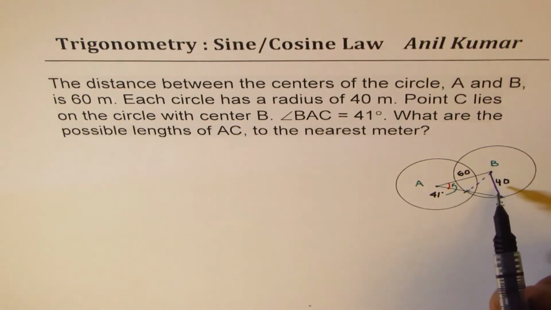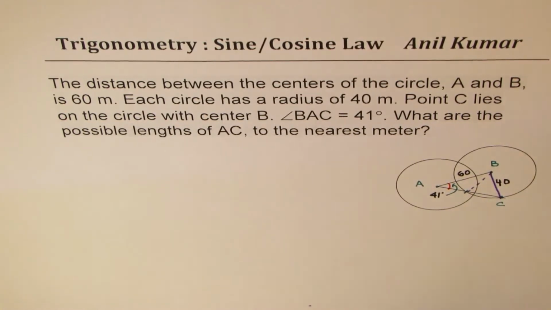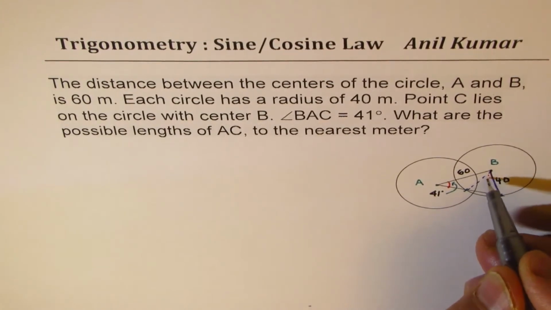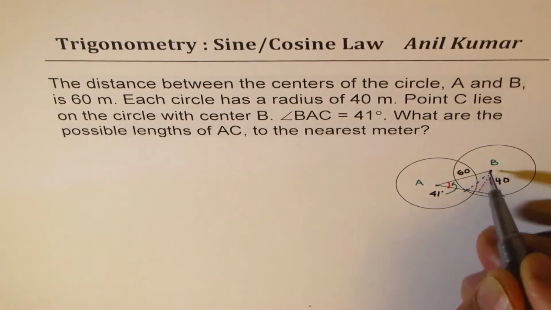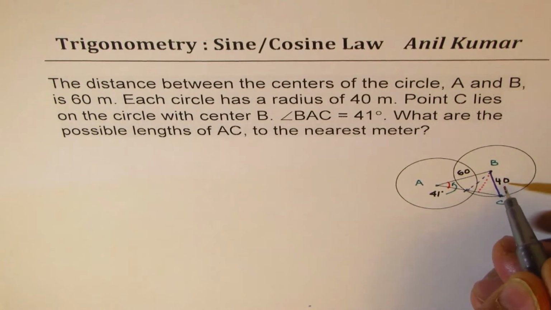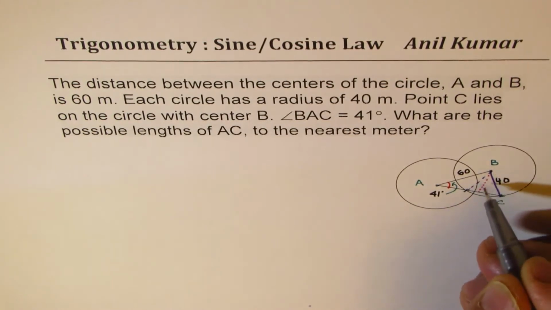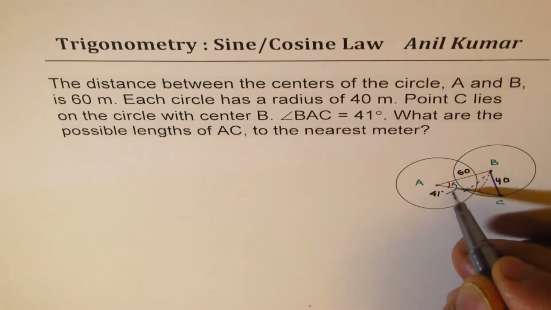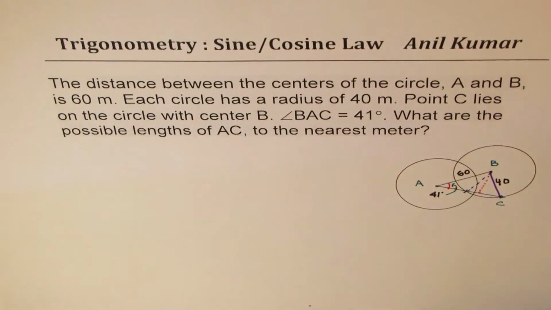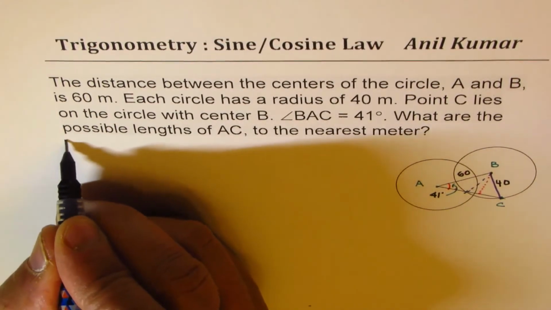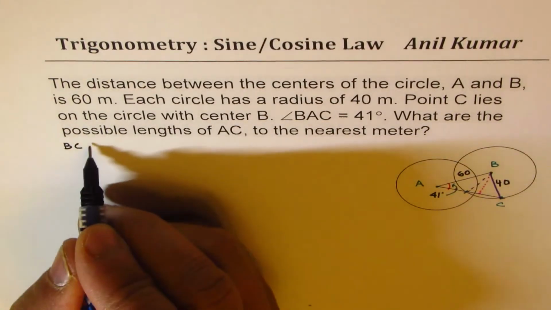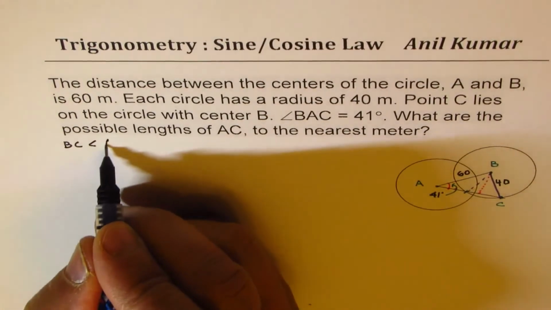So what we should do first is see if the perpendicular distance is less than 40 or not, right? So this perpendicular distance will be 60 sine of 41, correct? So let's compare BC. What we know here is that BC is less than AB, right?